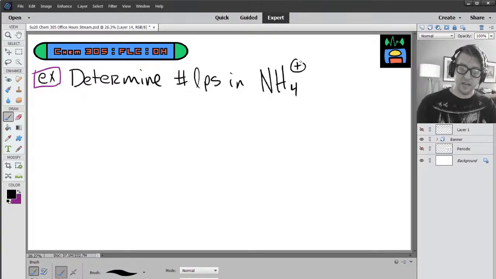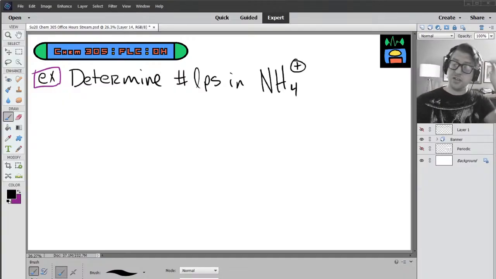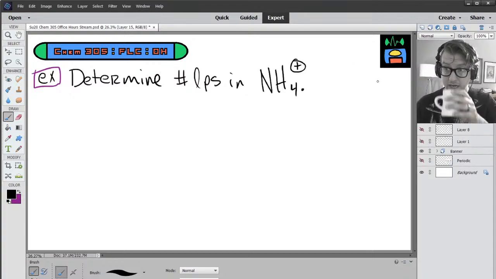I think it has to have a charge of +1. If you were trying to determine the number of lone pairs in NH4, you wouldn't be able to draw the Lewis structure. It is NH4 plus. So if your source material was missing that positive charge, then there's an error in it.